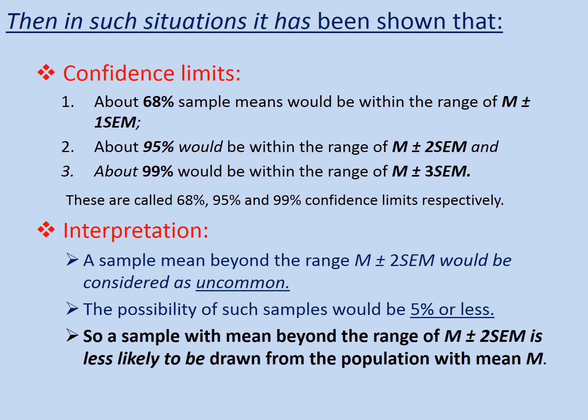Then in such a situation, it has been shown that about 68% of sample means would be within the range of population mean, that is capital M plus or minus 1 standard error of mean. 95% would be within the range of population mean plus or minus 2 standard error of mean, and 99% would be within the range of population mean plus or minus 3 standard error of mean. These 68%, 95% and 99% are the confidence limits respectively.